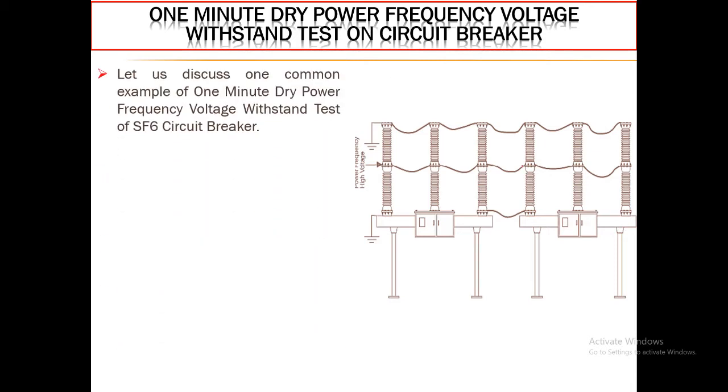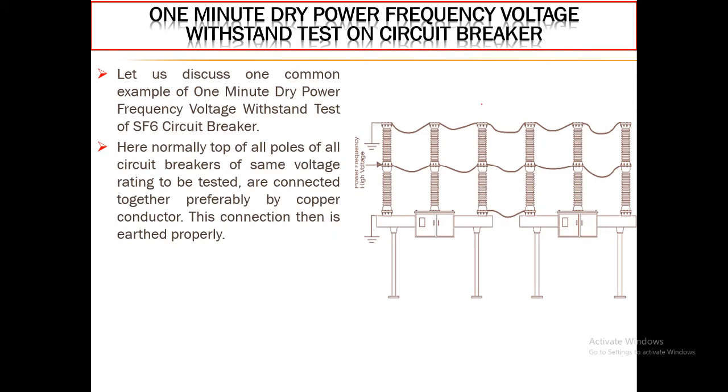So let us discuss by taking the case of an SF6 type circuit breaker. Here you can see the two circuit breakers, and the three poles are there for each circuit breaker.